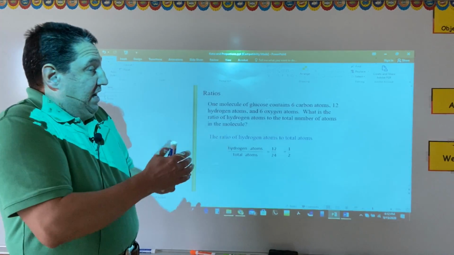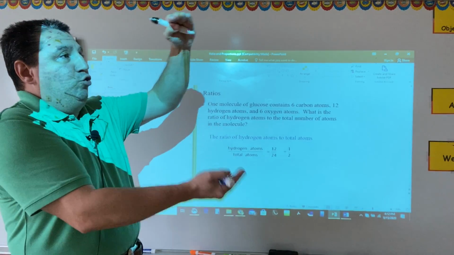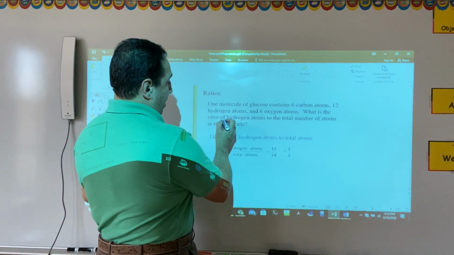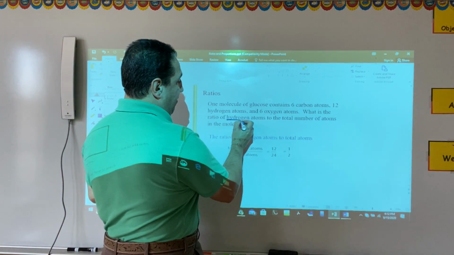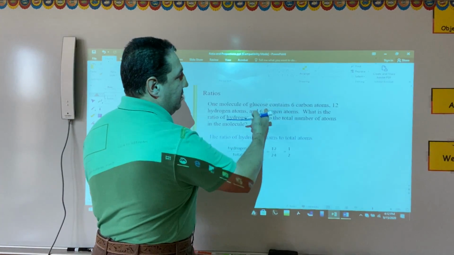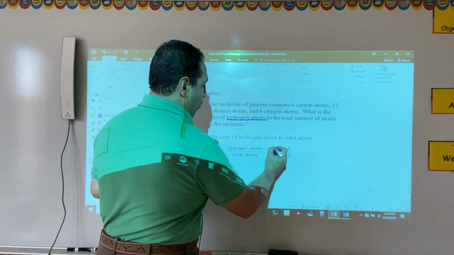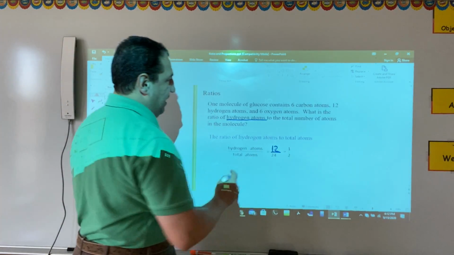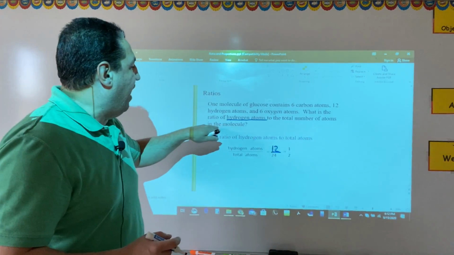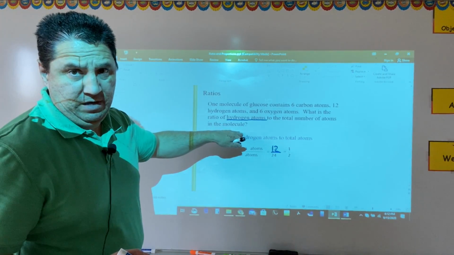Remember, we have to write a fraction. On top would be the number of hydrogen atoms, which is 12. In the bottom should be the total number of atoms in the molecule.